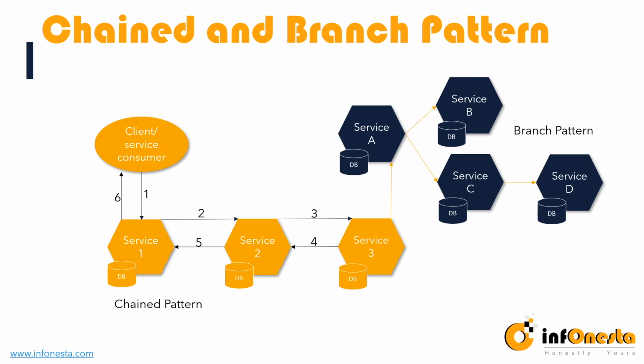This is called chained or chain of responsibility. This is required when we need to execute a sequential set of actions. This is one more way to decompose code or logic and make our services smaller. But in this case, the call will be synchronous.